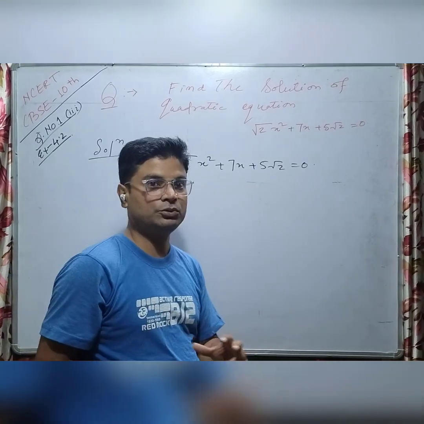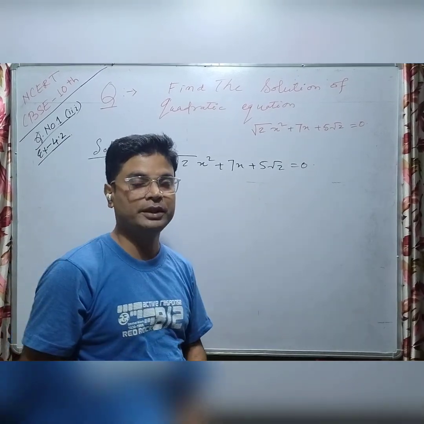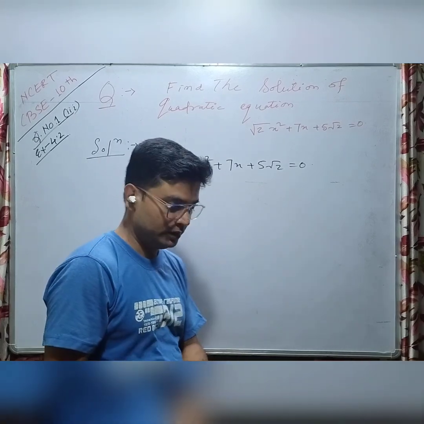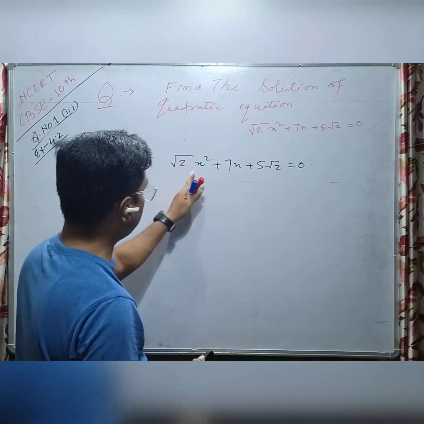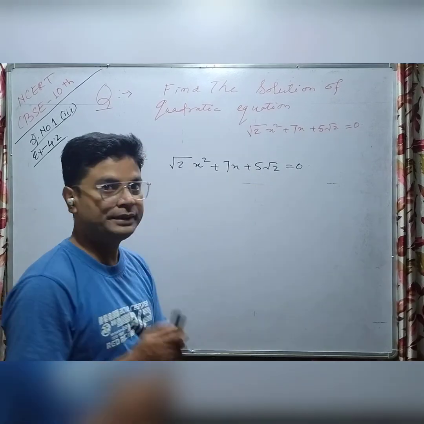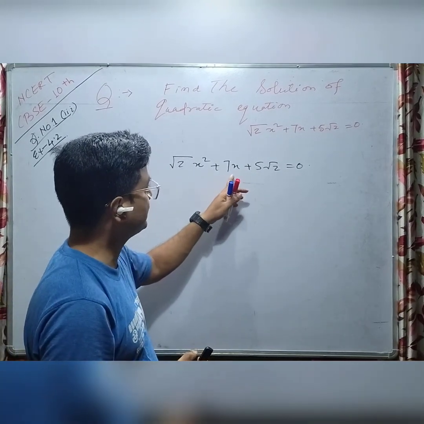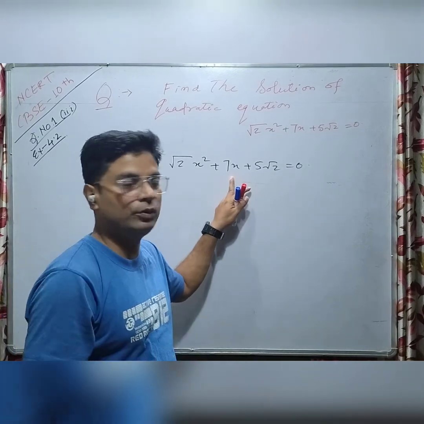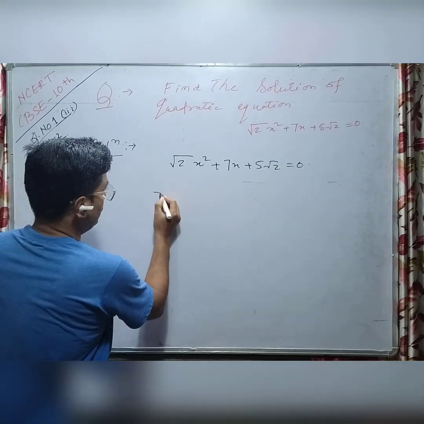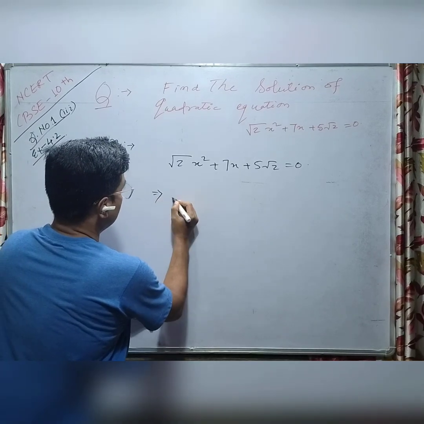The addition of those two numbers will remain the same, and the multiplication of those two numbers will be the product of the first term and the last term. Here, the multiplication of root 2 and 5 root 2 will be 10, and the middle term is 7x. It means the factors will be 5 and 2.